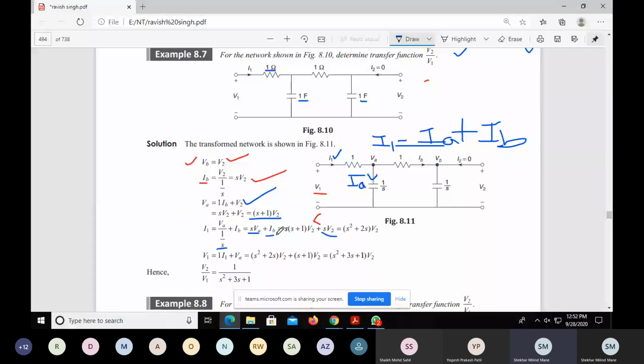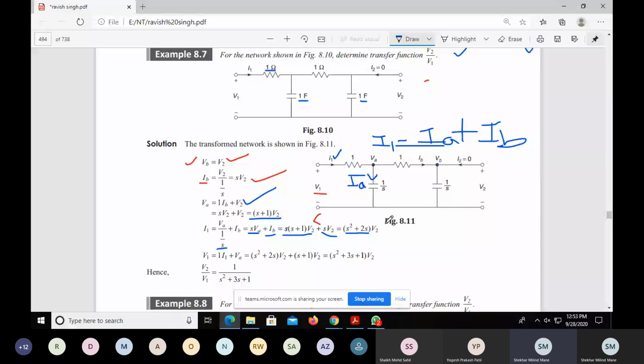VA we have also calculated in terms of V2. So here VA is S into S plus 1 into V2, plus SV2, that is IB. Take V2 common, and you will get S square plus 2S. So here we have written I1 in terms of V2.